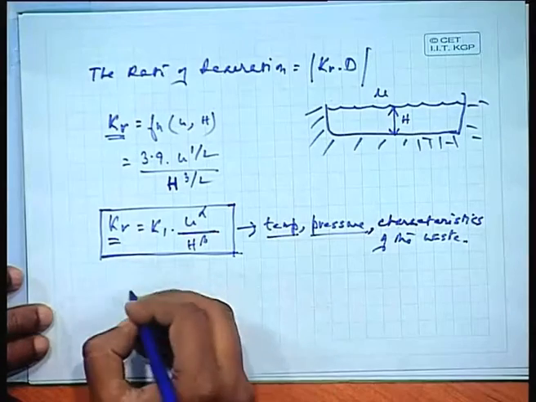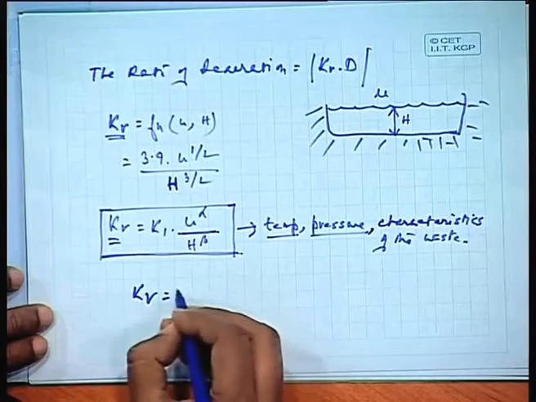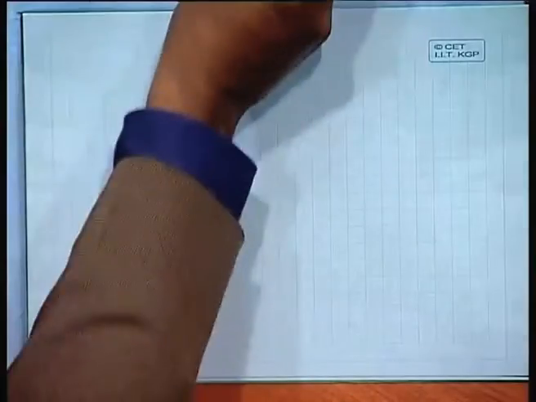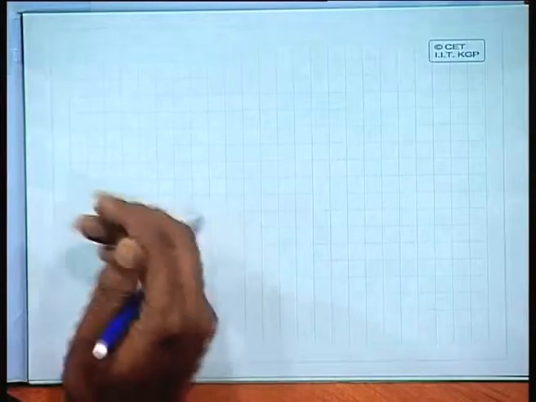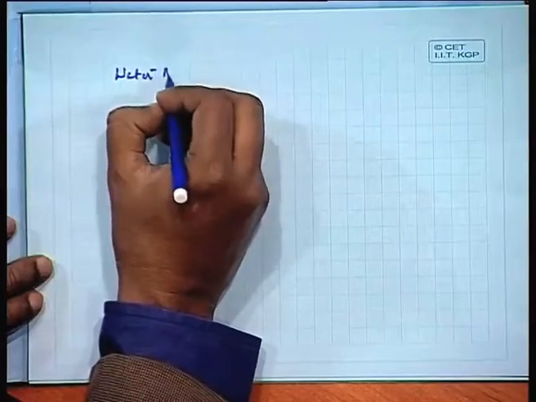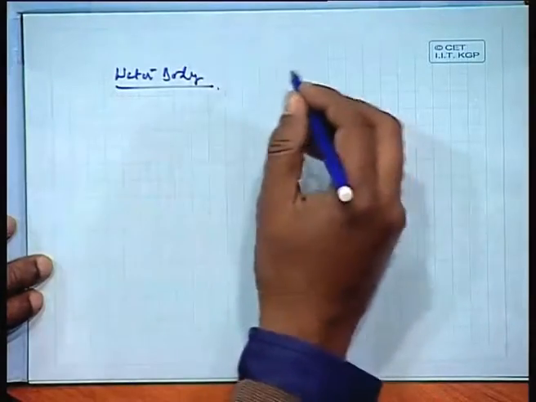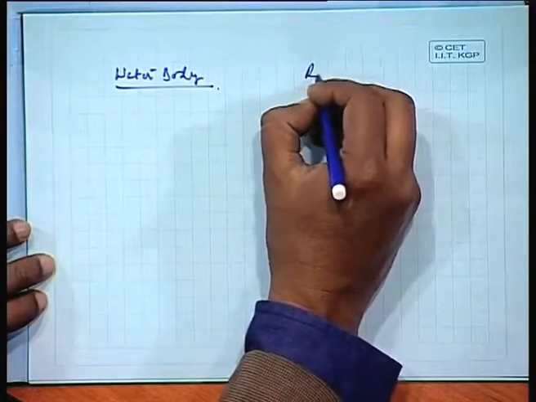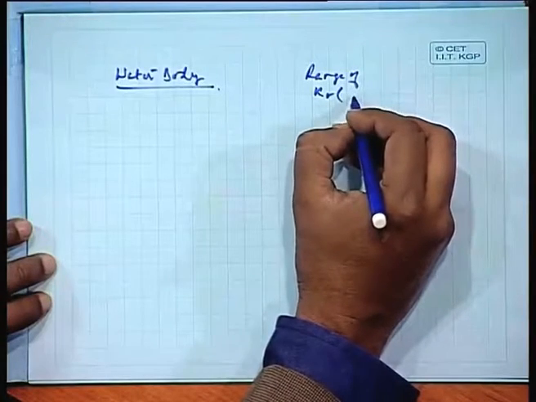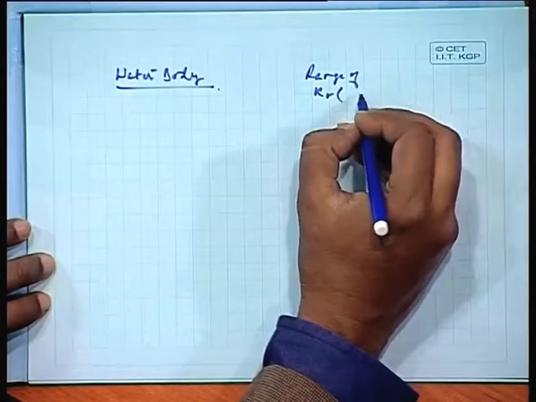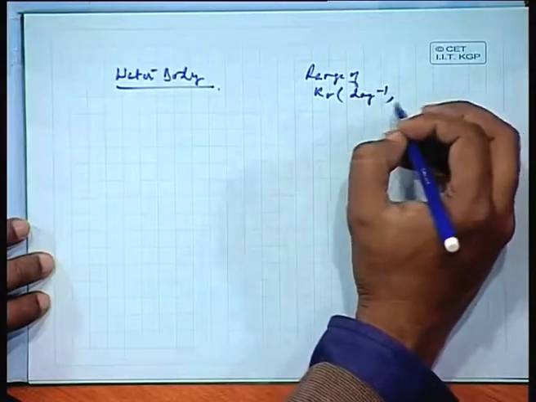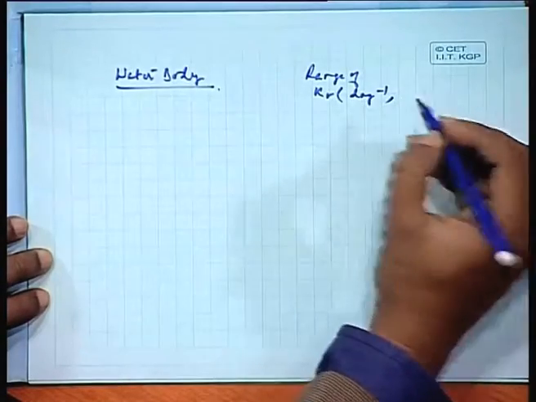But before we go into this, there are a few things that I would like you to see. What are the likely values of Kr? How would one experimentally determine the value of Kr for this type of water body? Remember, the same way that we have seen in the case of K or Kd, this is essentially a time inverse function, day inverse or hour inverse.